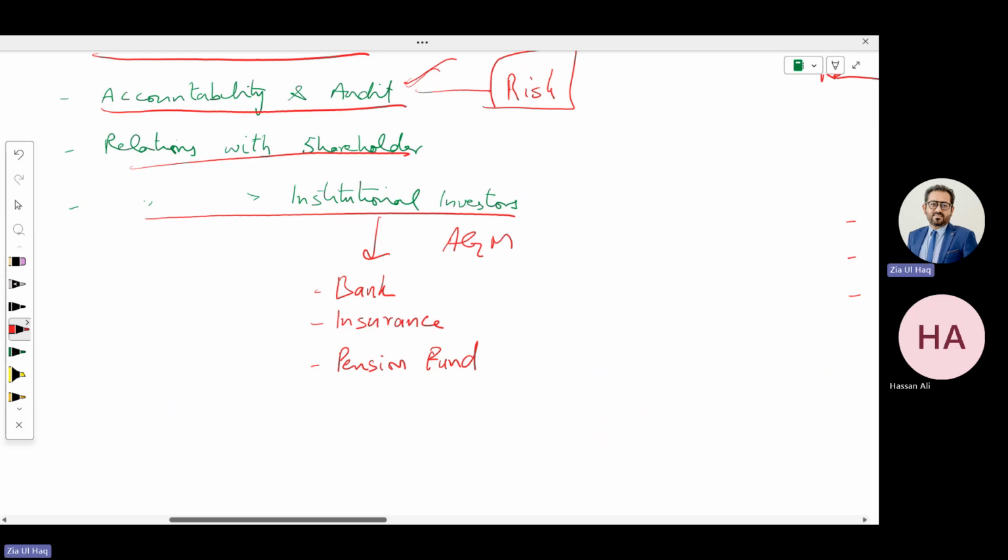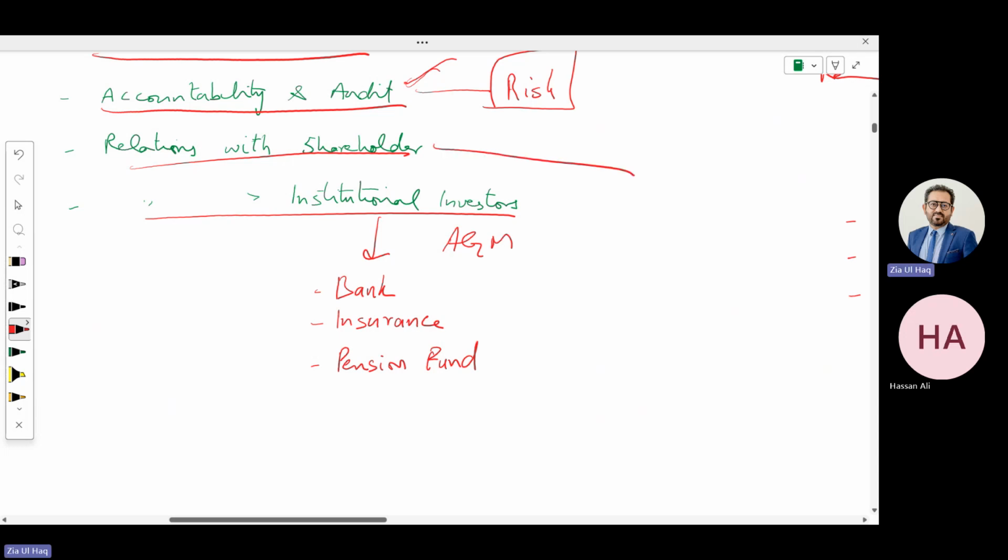They invest in other companies to generate return. Shareholders are individuals, while institutional investors are organizations that also invest into company shares for getting return. Who are institutional investors? Banks, insurance companies, and pension fund providers.